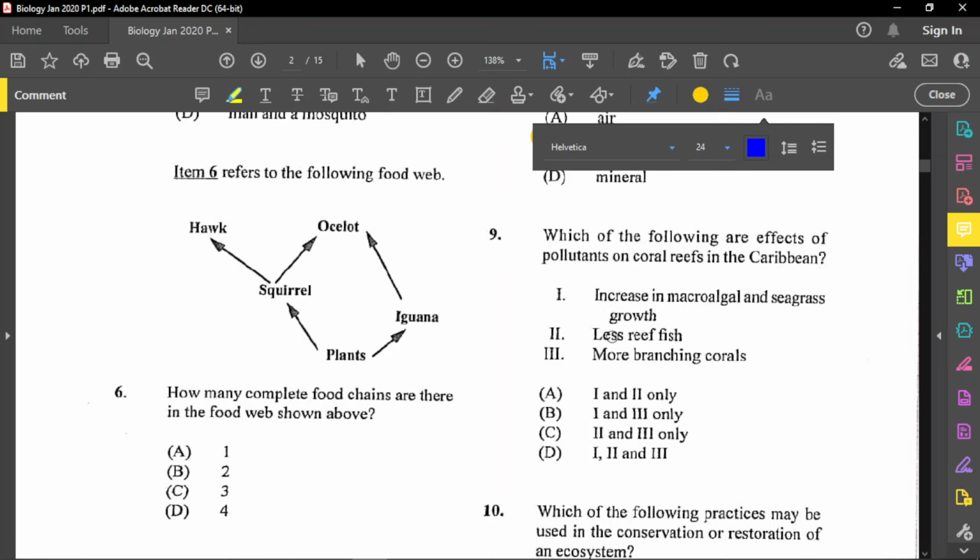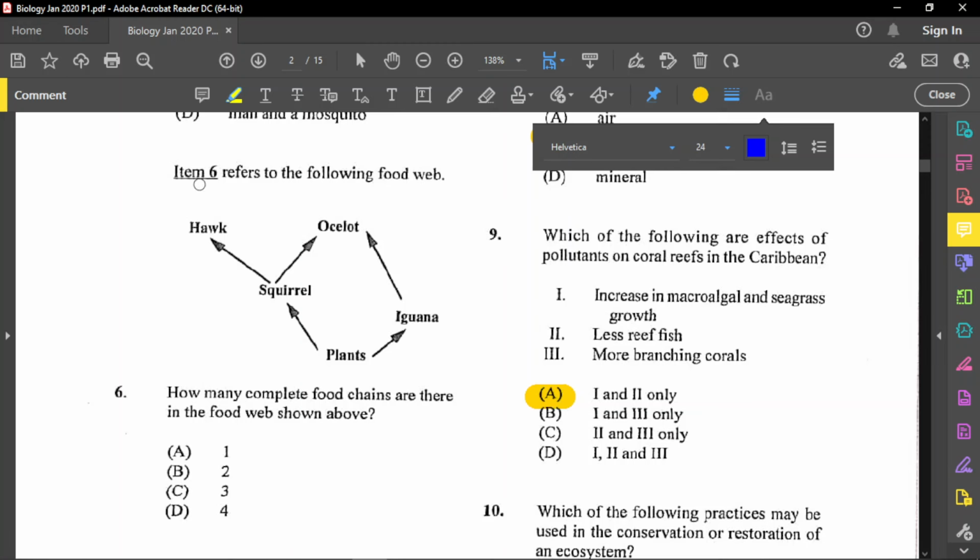Also you can have less reef fish because of coral bleaching and death of corals, lack of food and so on, lack of oxygen. But more branching corals? If you have more pollutants, you can't have more corals. So you know that option 3 is out of it. So the only answer must be 1 and 2. Those are applicable and answers that actually make sense.